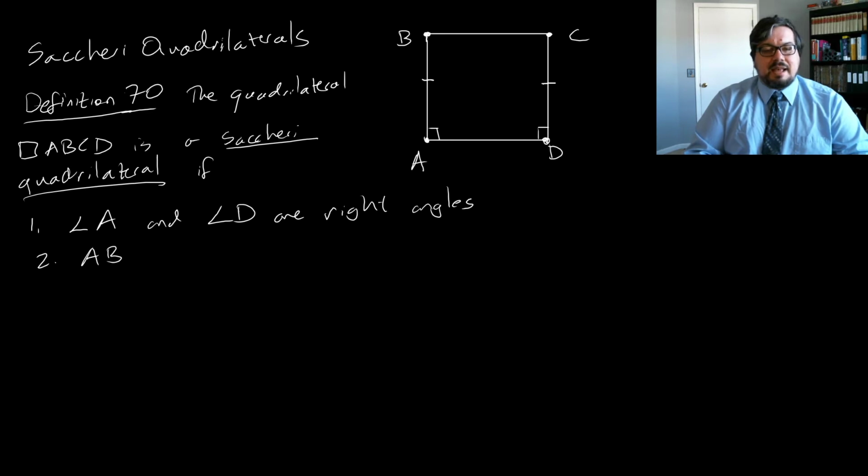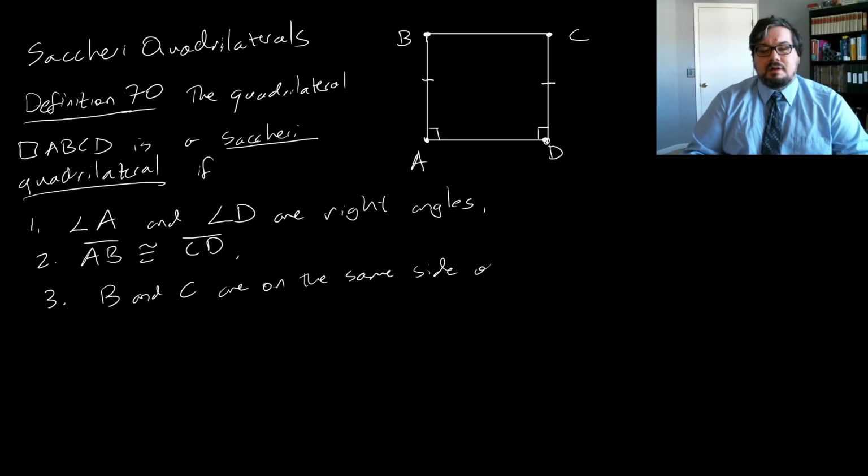Second, the segment AB is congruent to the segment CD. And third, B and C are on the same side of the line AD.